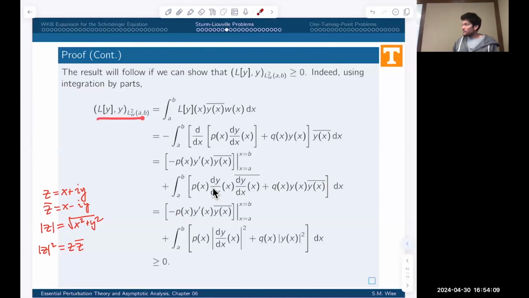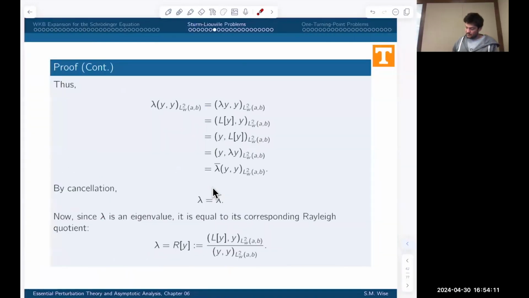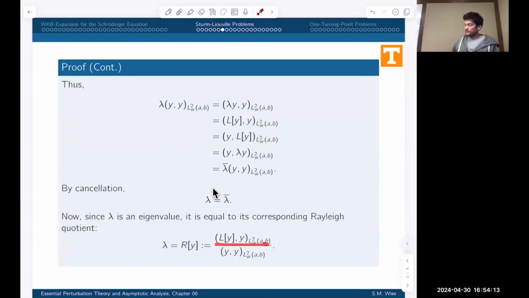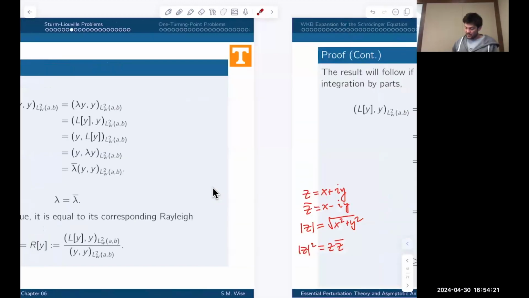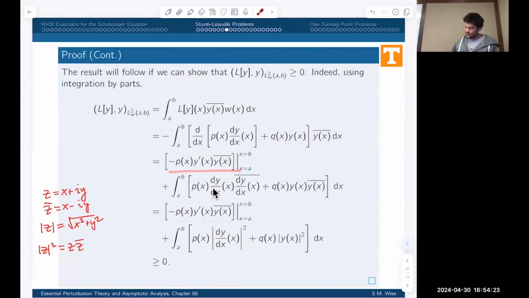So that shows that this numerator is non-negative. The bottom is positive, so that means that lambda has to be non-negative. And of course, you can contrive situations where this is strictly positive. You can assume that Q is strictly positive. Since P is also strictly positive, then you can derive necessary or sufficient conditions for the eigenvalues to be positive.